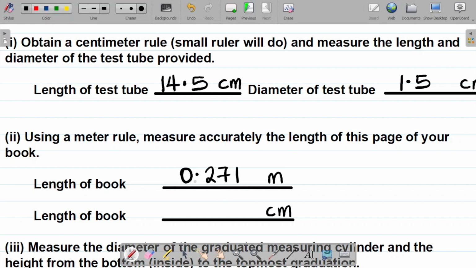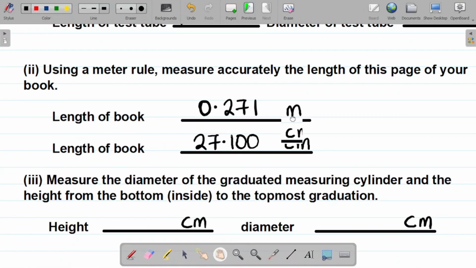If I multiply 0.271 by 100, that gives about 27.1. But trying to maintain the number of decimal places, which was 3, I'll just add 0, 0. So this is the length of the book in centimeters.